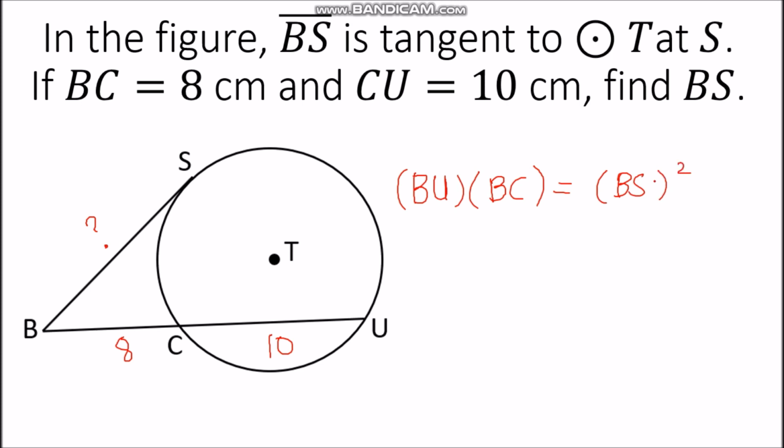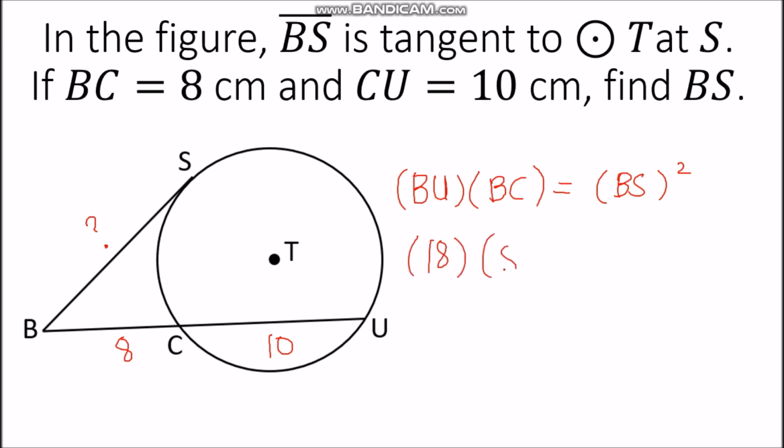So BS squared. Now let's substitute the values. Since we don't know what BU is, we can simply add BC and CU since we have them both. So that means BU is equal to 18.